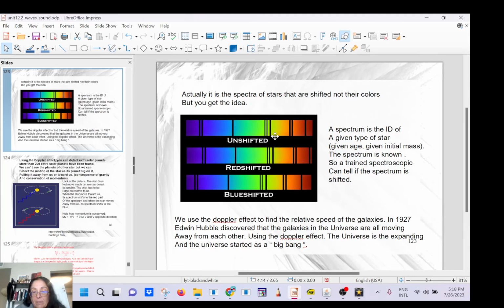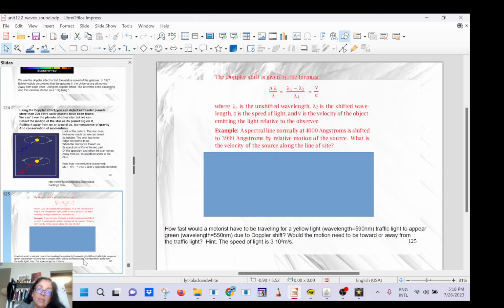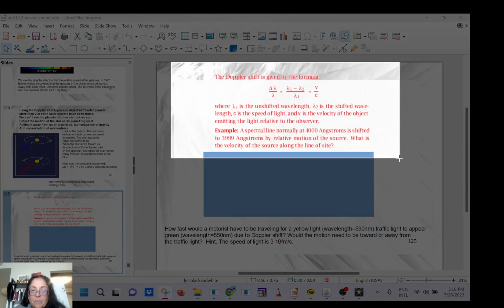You can find that shift here in wavelength. The x-axis is the wavelength. By finding that shift, you can find the speed of the source. So let's do the problem quickly, and it will make more sense.